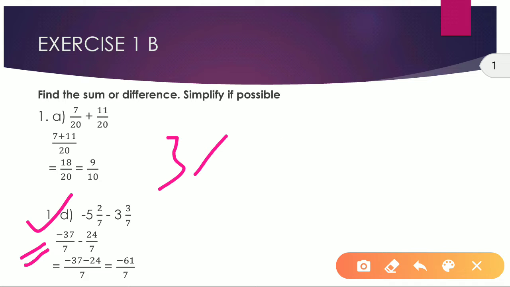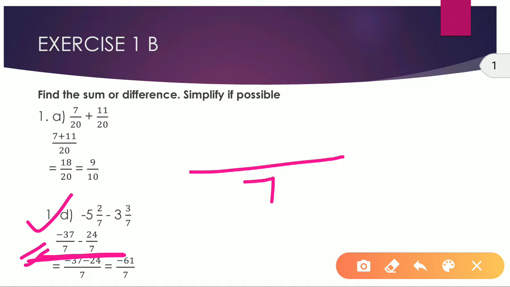Now as you can see that here the denominators are same, 7. So first of all you write in the denominator 7 and then write the numerators. Numerator is minus 37. After that what is the sign? Sign is minus, and then the second numerator which is 24. Now here minus minus.